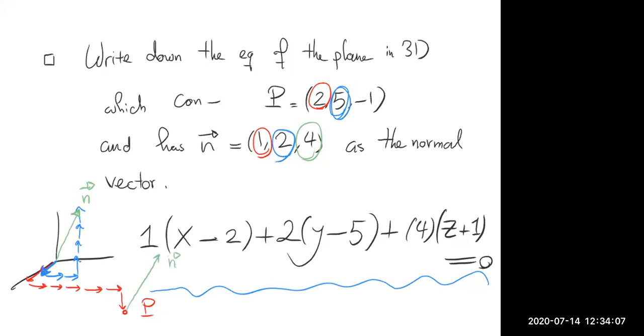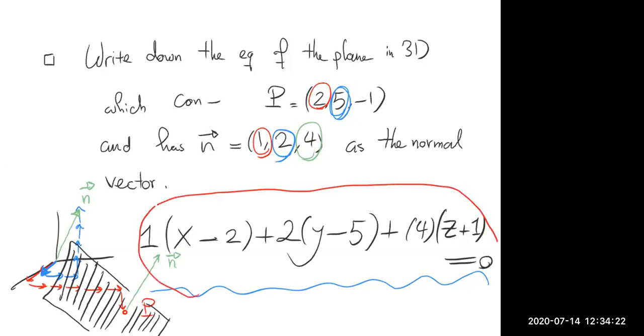What is the plane which contains P and is normal to n? The plane would look something like this. And what we have here is the equation of the plane.